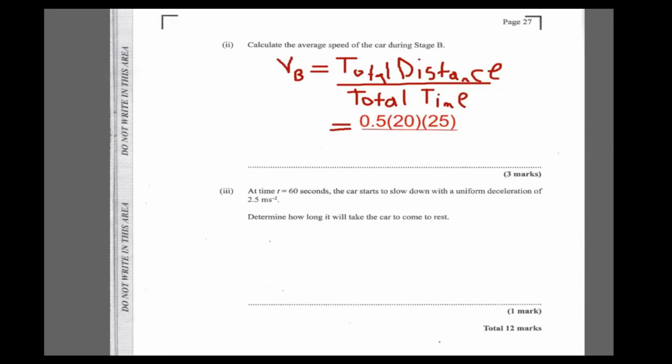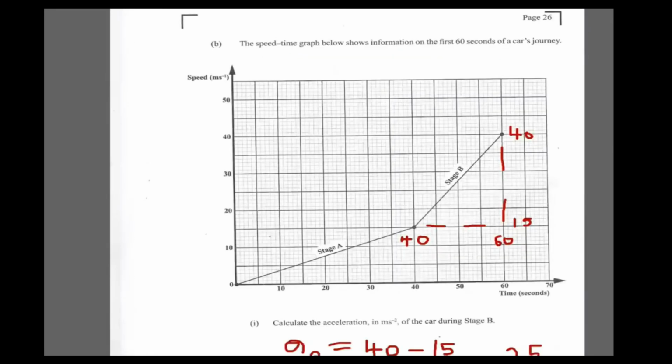And you might ask, sir, how do you get 20 and 25? We get 20 by taking the difference: going from 40 seconds to 60 seconds is a difference of 20 seconds. And going from 15 meters per second to 40 meters per second is a difference of 25. So the height is 25 and the base is 20.